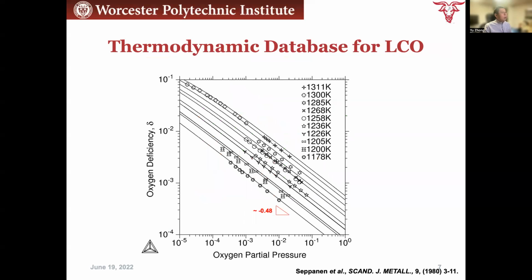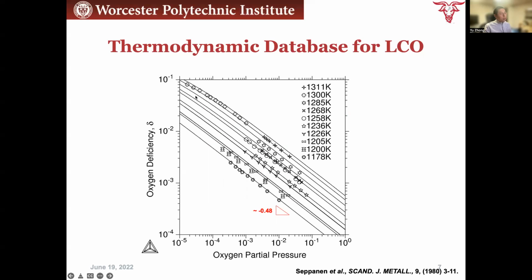So for example, this shows you the database we developed. This is for LCO, showing how the oxygen deficiency changes with the oxygen partial pressure at different temperatures. As you can see, the slope of all these curves matches perfectly with experimental data, not just in the middle here, but also in the very low oxygen partial pressure region.